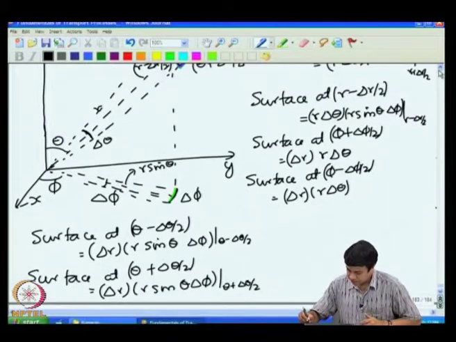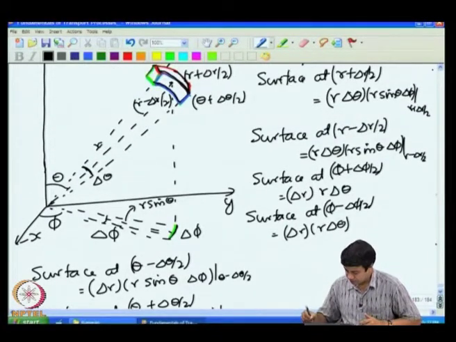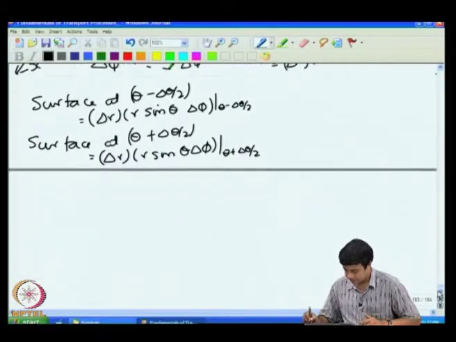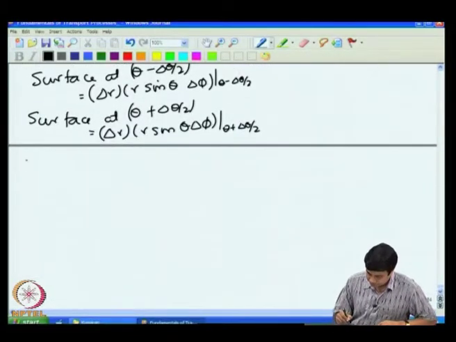So, now that we have defined this differential volume, we can go ahead and do the balance equation. First is the change.